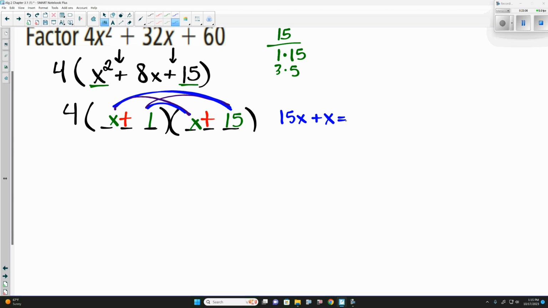And 15x plus x is 16x, positive 16x. Is that the middle term we wanted? No. Correct sign, they're both positive, but we want 8x, and this setup gave us 16x. So we need to change it.